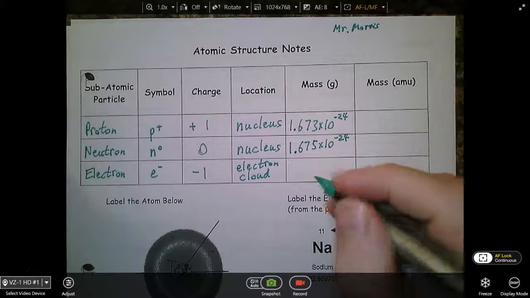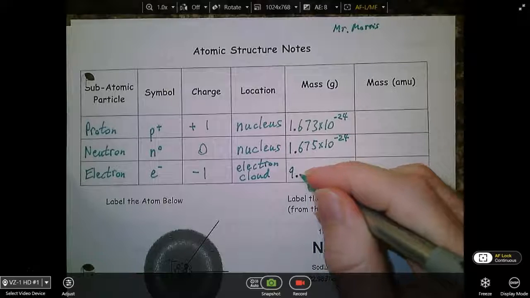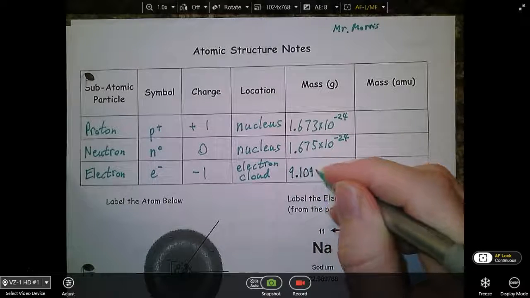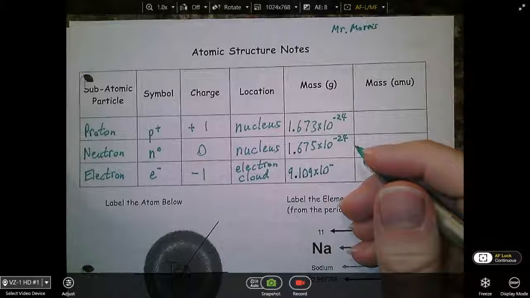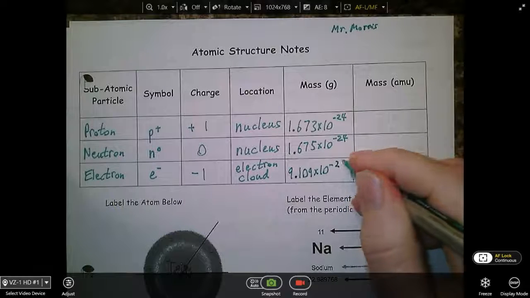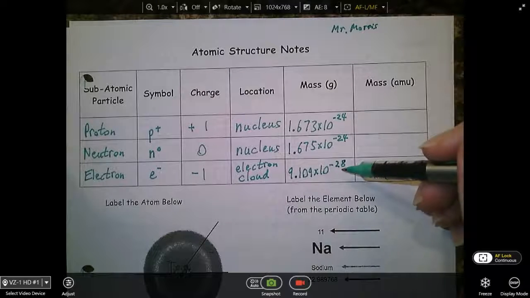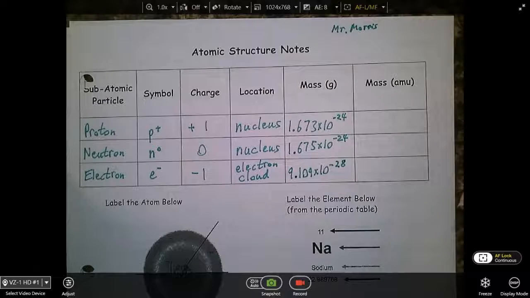And then we have the electron, which is 9.109 times 10 to the negative, not 24th, but 28. That's a pretty huge difference. To give you an idea, an electron is about 5,000 times smaller than a proton or neutron.